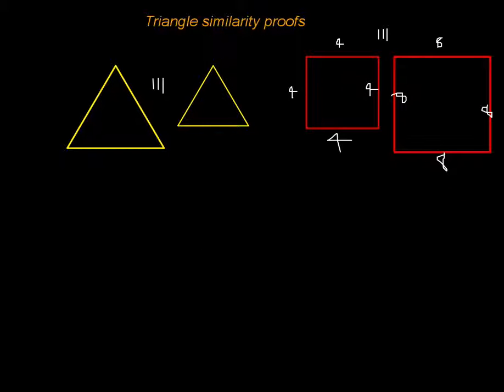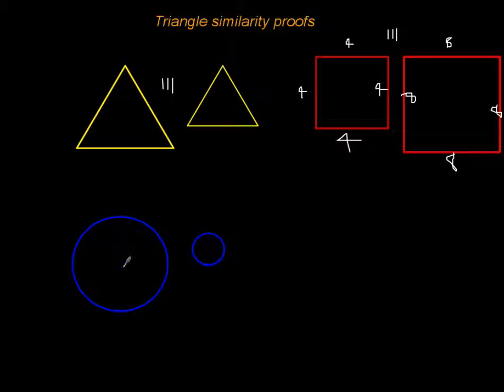If I were to construct two circles, these two circles would be similar. The only requirement for two circles to be congruent is for them to have exactly the same radius. As you can tell, these two don't have exactly the same radius.